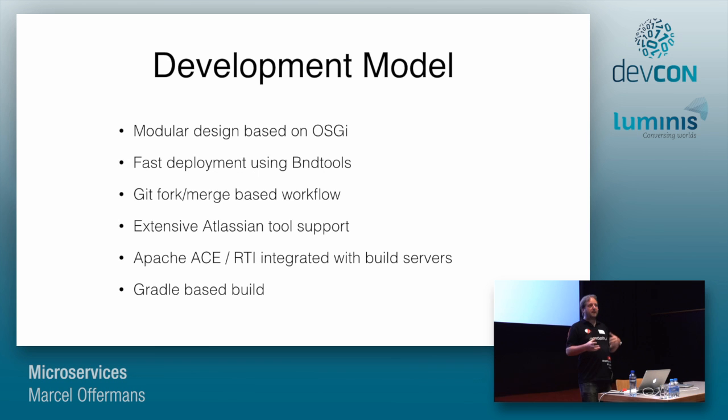And we also have Amdatu RTI, which goes back to the previous session about running with Docker containers and Kubernetes and those technologies, and providing a really easy way of deploying stuff to the cloud. And that's all integrated with our build servers, etc.